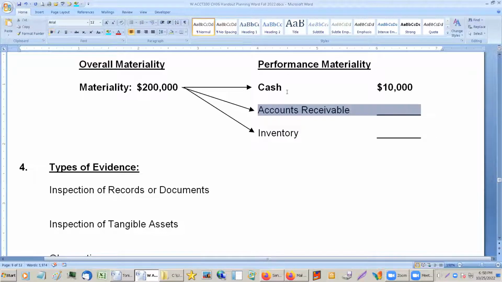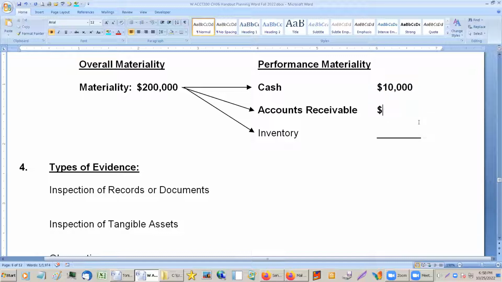How much is going to go towards the accounts receivable? Just make up a number. But it has to be between 0 and 190,000. We're trying to split up this 200,000, and I just arbitrarily put 10,000 to cash. 80,000.